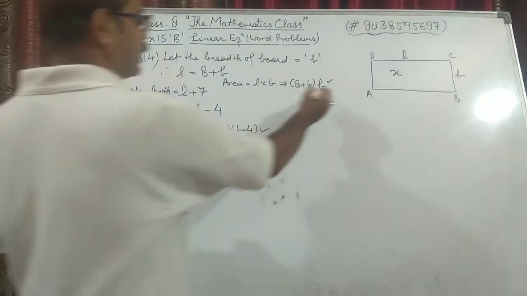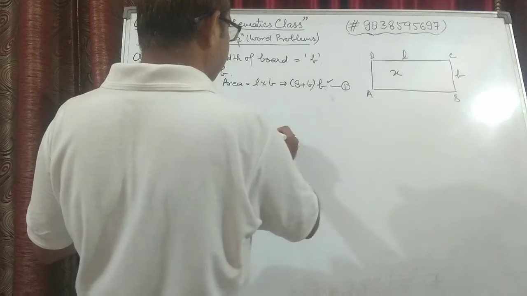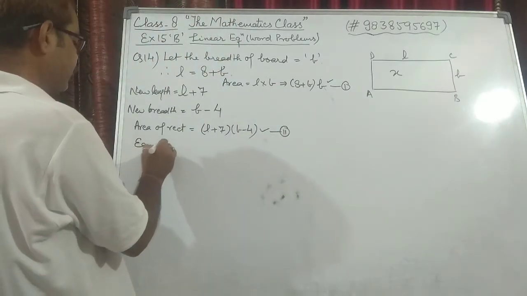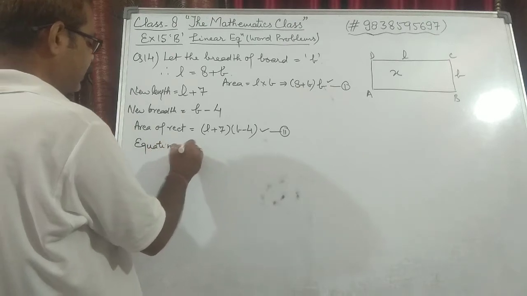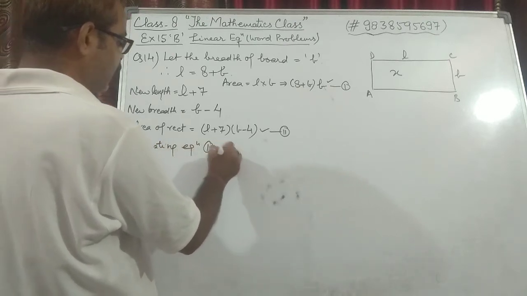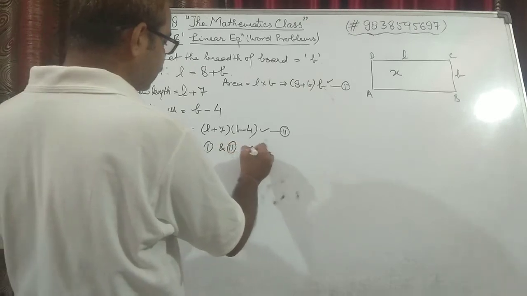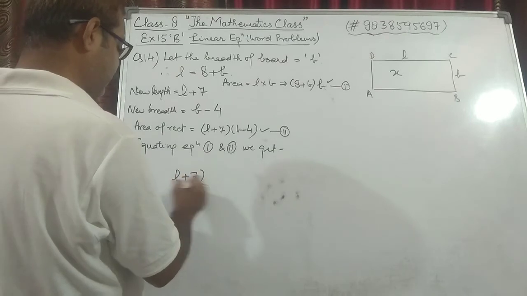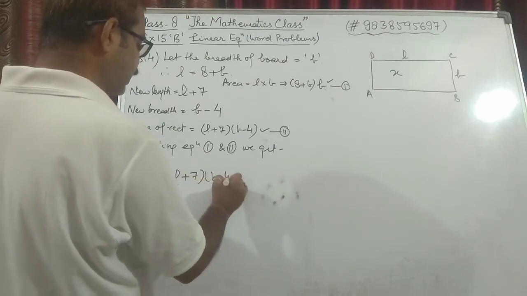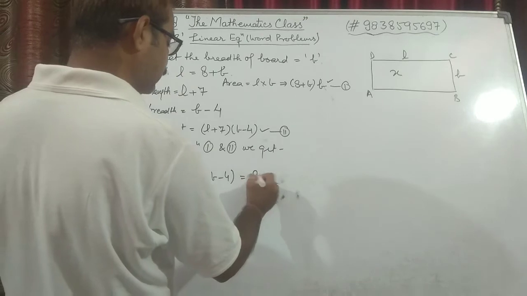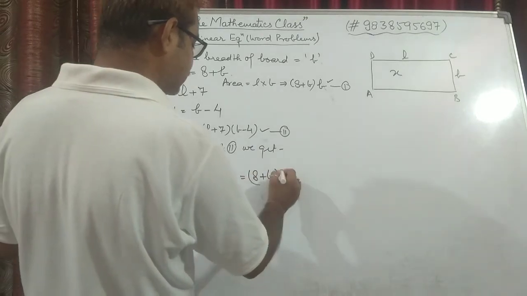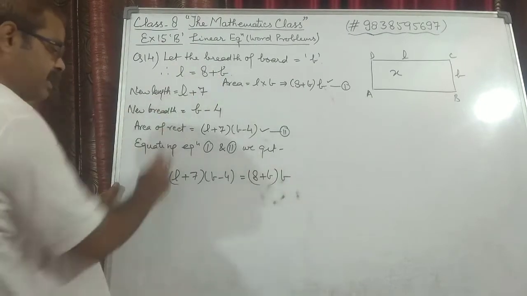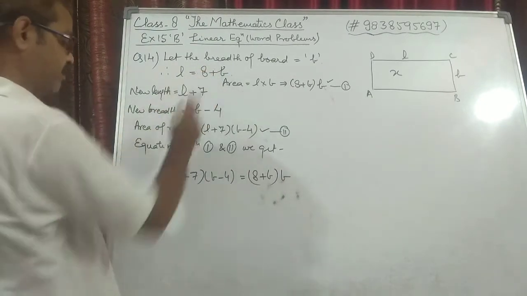So we are equating, let us say this is equation number 1 and this is equation number 2. By equating equations 1 and 2, we get L plus 7 into B minus 4 is equal to 8 plus B times B. Now L is given as 8 plus B. In place of L, we can substitute 8 plus B.